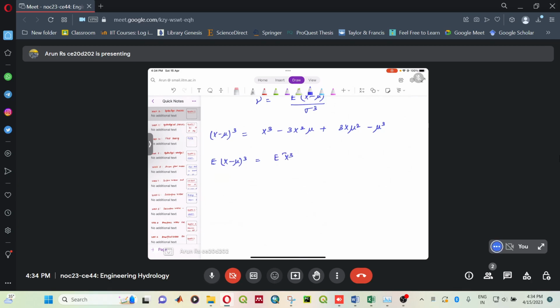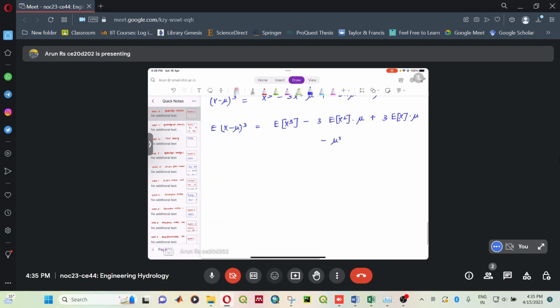So it will become E of x cube minus, expectation of a constant is a constant, then this will be E of x square, and expectation of mean is again the mean, plus three into expectation of x into mu minus mu cube. So now we can further simplify this.